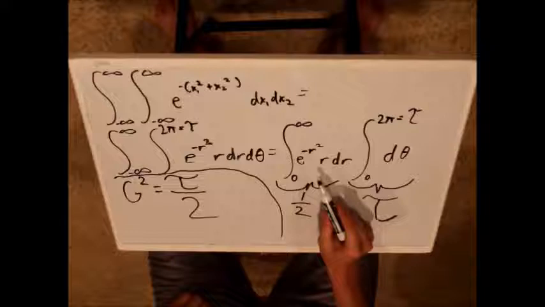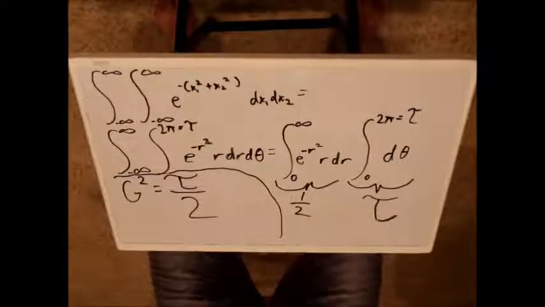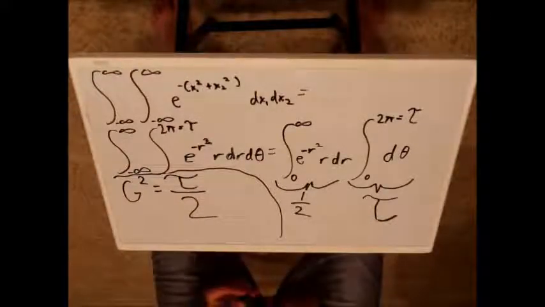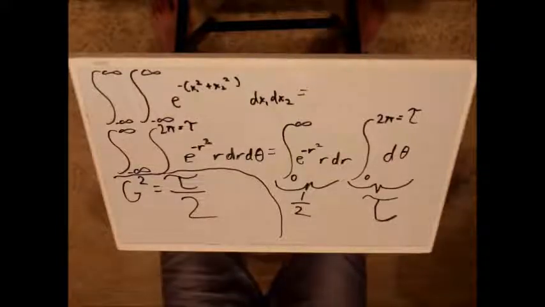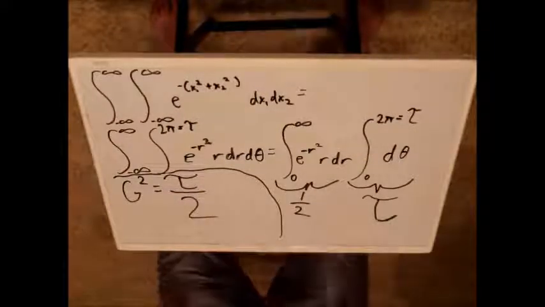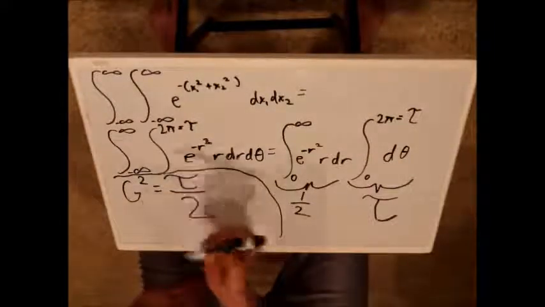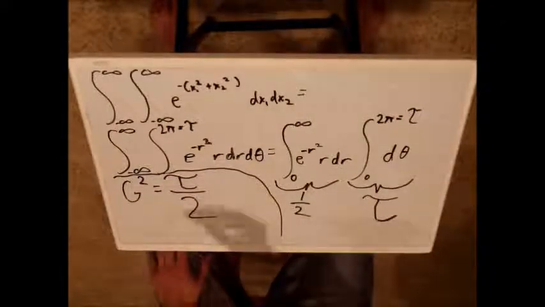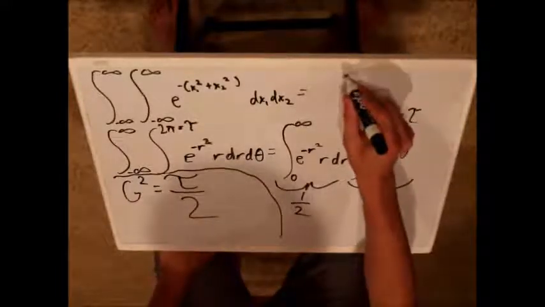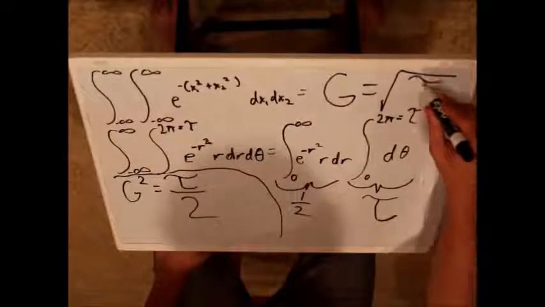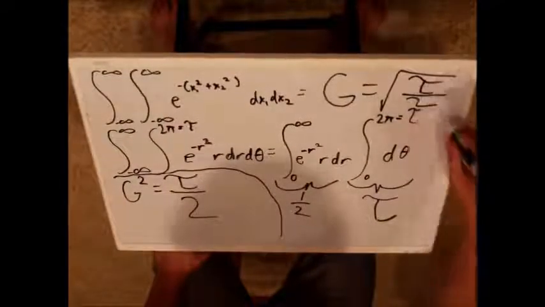And then the other part, which is not exactly mathematically rigorous to say represents the function, but it's a decent equivalent, yields 1/2. Of course, when you multiply it together, you get tau divided by 2. Now, if you remember, at the beginning we squared it, so G squared equals tau over 2, so G is equal to the square root of tau divided by 2.